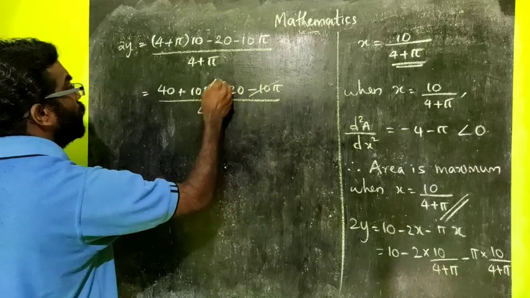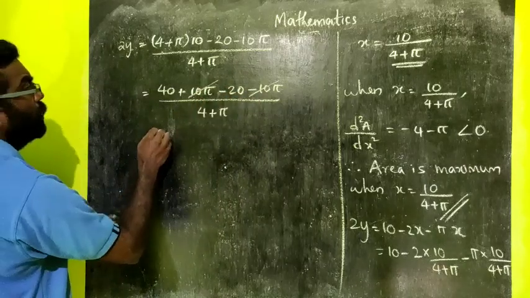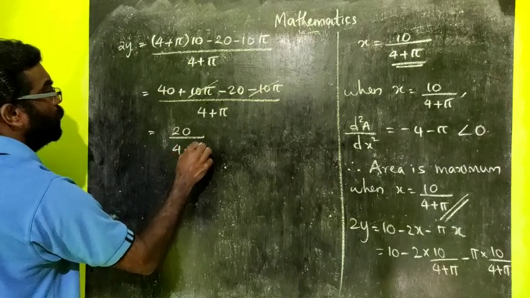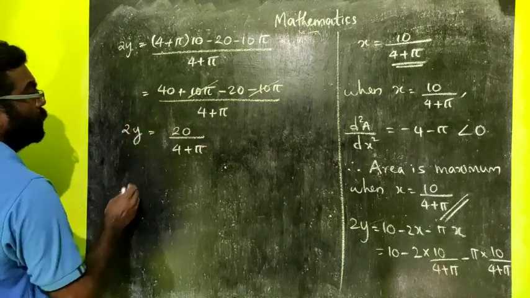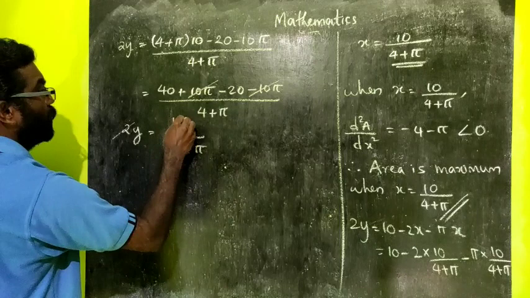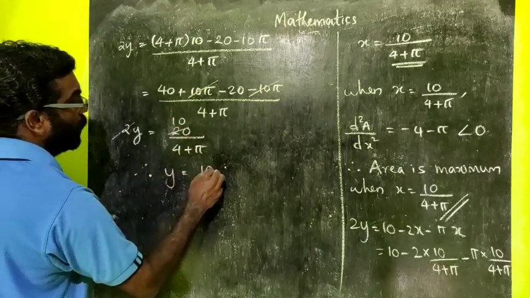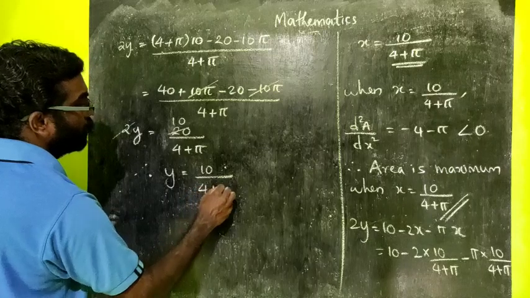Here minus 10 pi plus 10 pi we can cancel. 40 minus 20, 20 divided by 4 plus pi, and it is 2y. This 2 and 20 we can cancel to 10. Therefore y is equal to 10 by 4 plus pi.